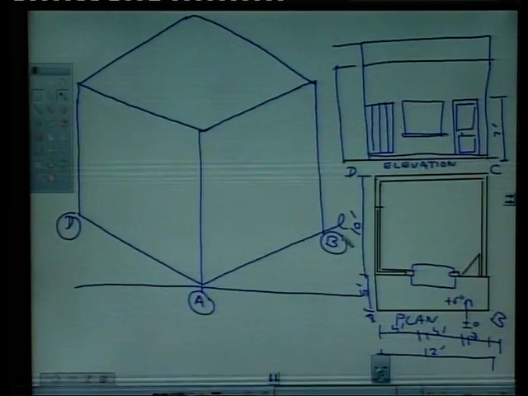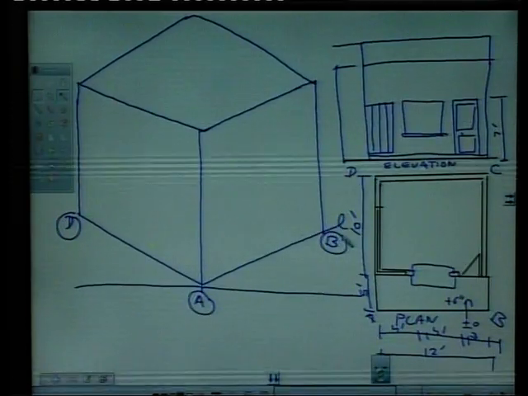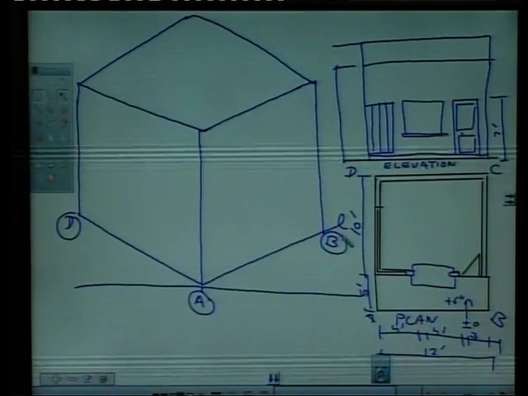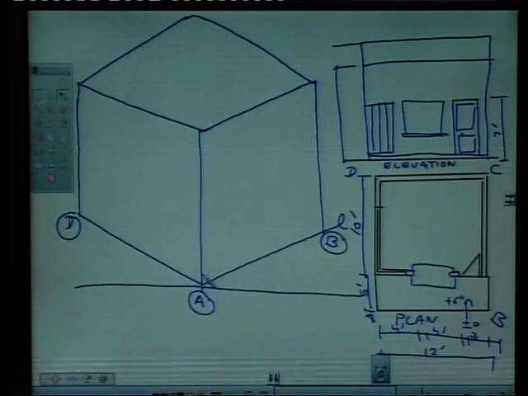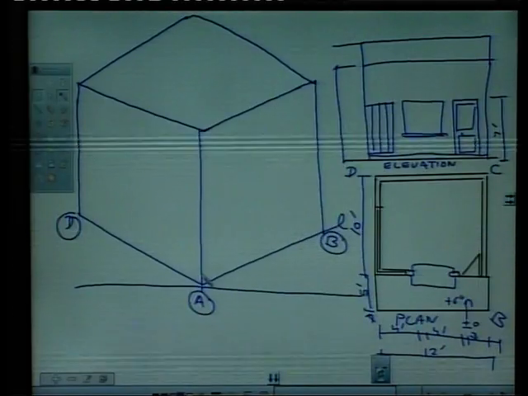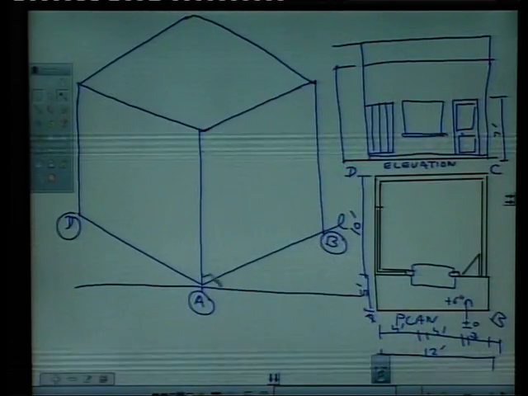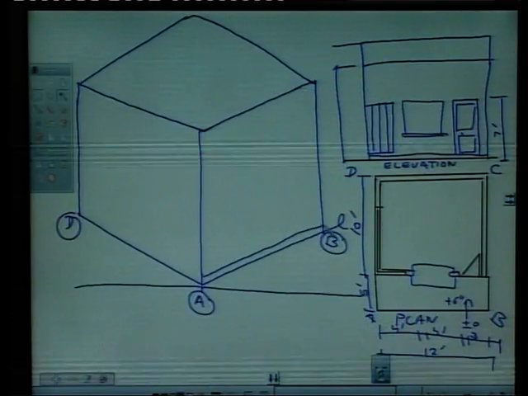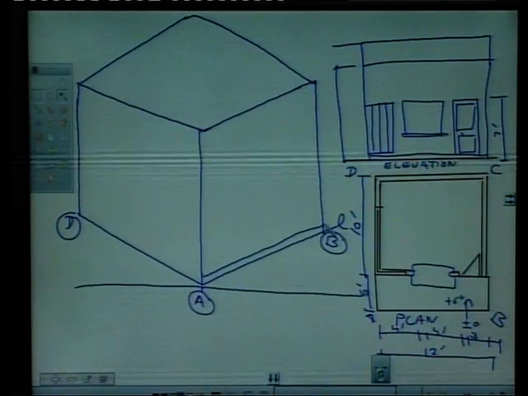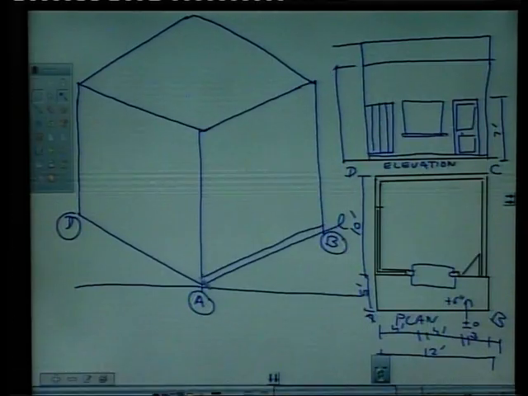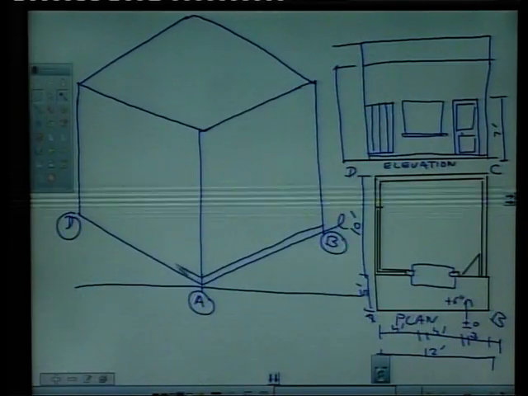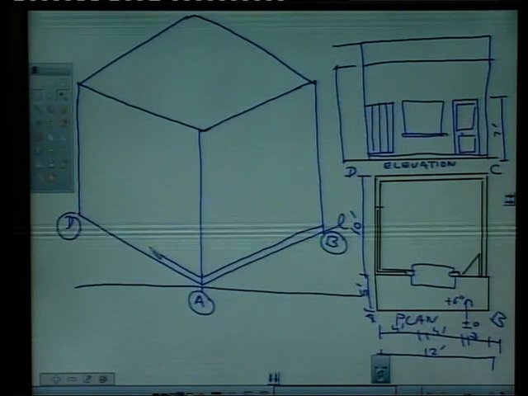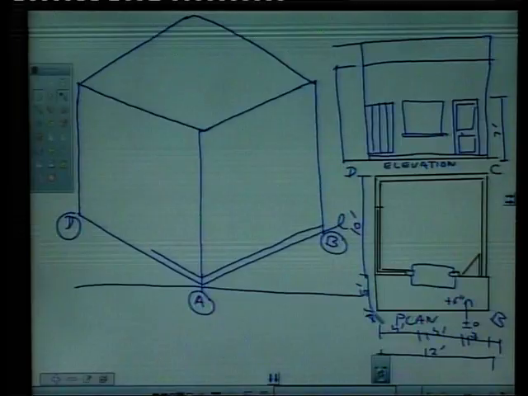We draw the base, this base which is 6 inches above the ground. Just mark 6 inches here to the scale, and draw a parallel line like this, and draw a line like this. From the plan, this is 5 feet.